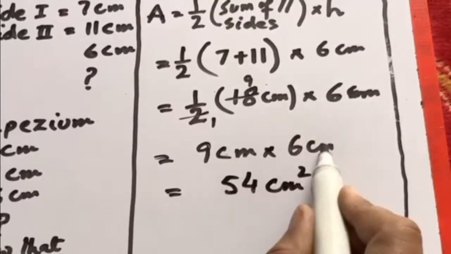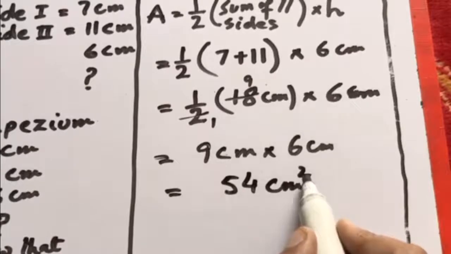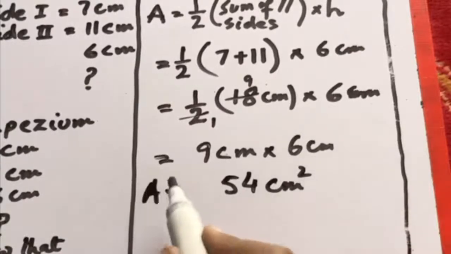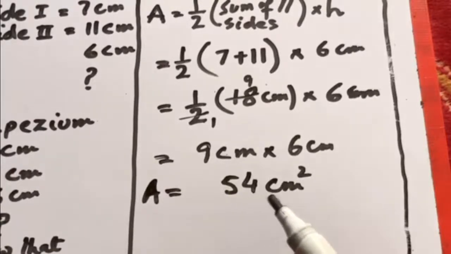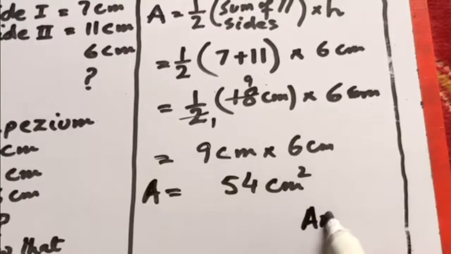Centimeter and centimeter multiply by each other and become centimeter square. So in this way we have found the area of a trapezium, which is 54 centimeter square. It is our answer. If the parallel side 1, parallel side 2 and height are given, we can easily find the area of a trapezium.